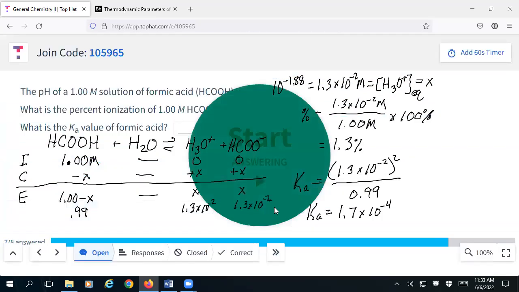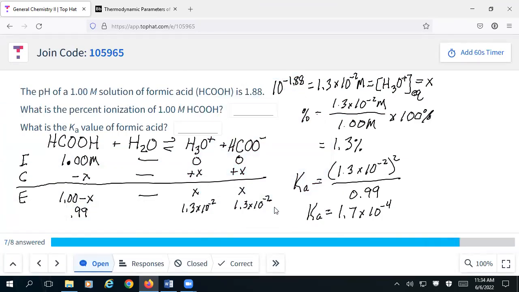And so this is what I was saying at the time, that percent ionization value is not just a matter of the strength of the acid. It factors into that, but if we have a more concentrated initial concentration of acid, we're going to find that the percent ionization is generally going to be lower. And that's going to play a significant factor as well.